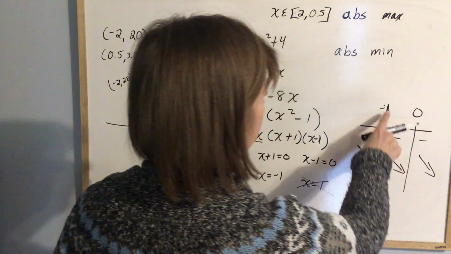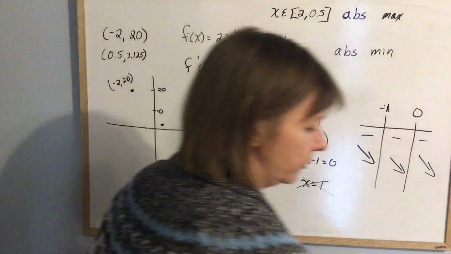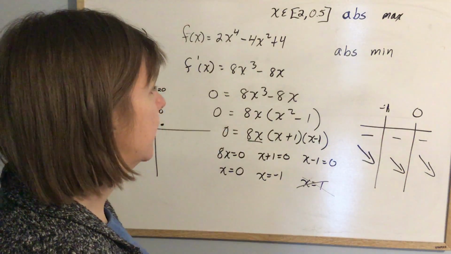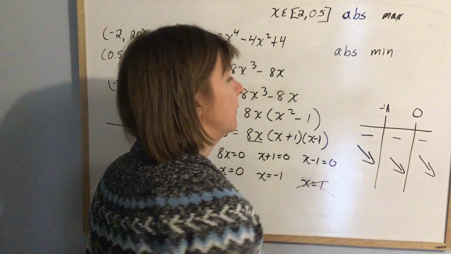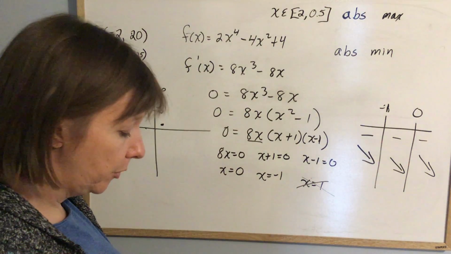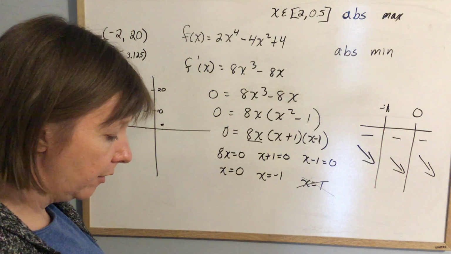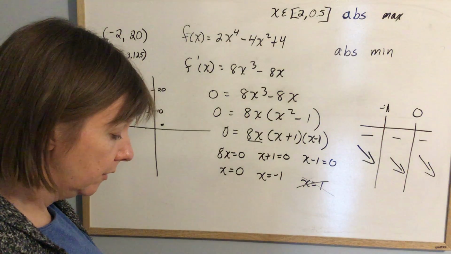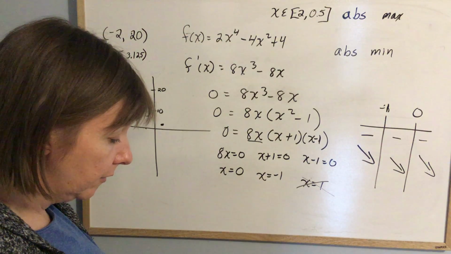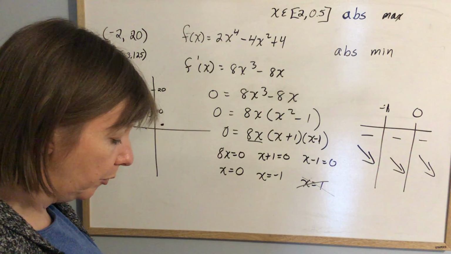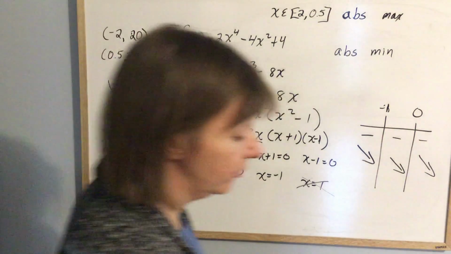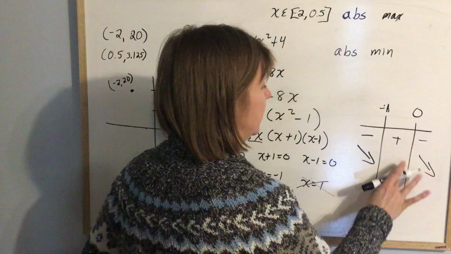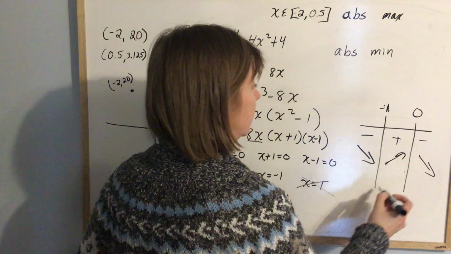So I might have screwed that up. If I do -0.5, let me do that again. I think I might have messed up this middle one. Sorry. If I do -0.5, -0.5 cubed times 8 minus 8 times -0.5. Oh, look at that, I screwed that up. Sorry. This one is positive, which means it actually is increasing.